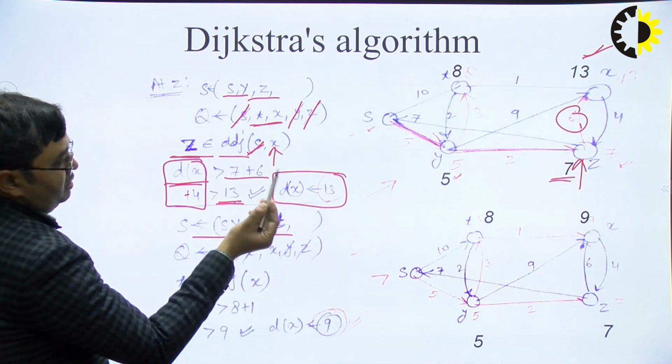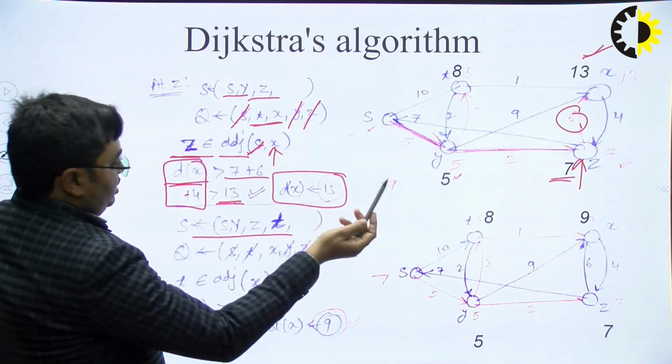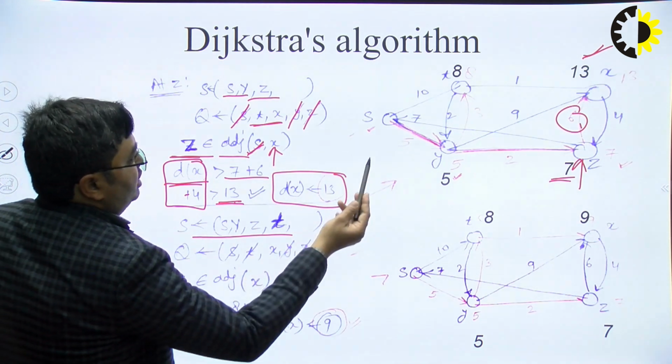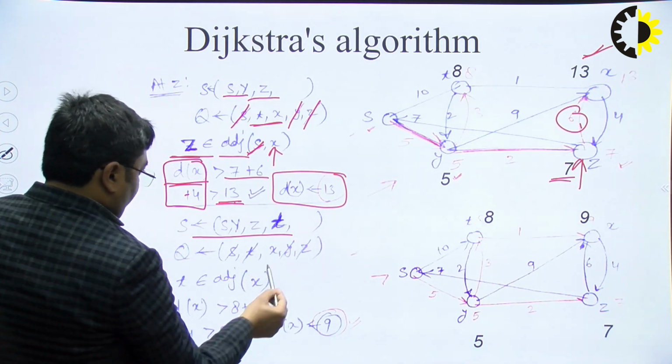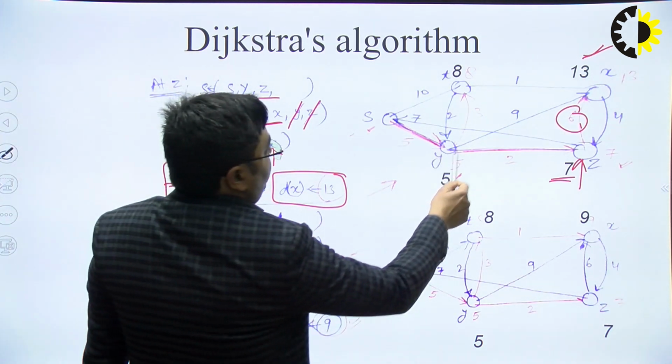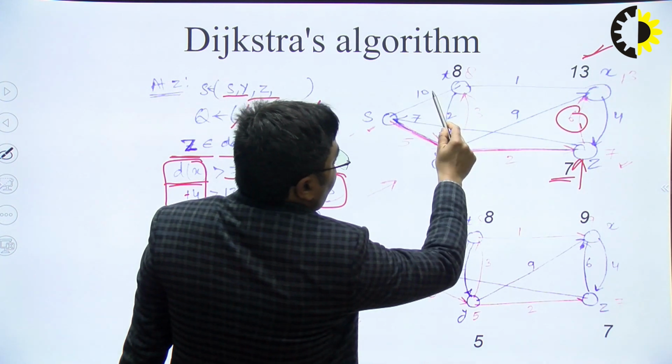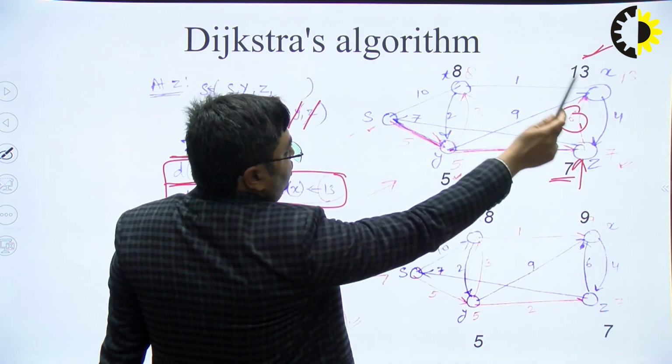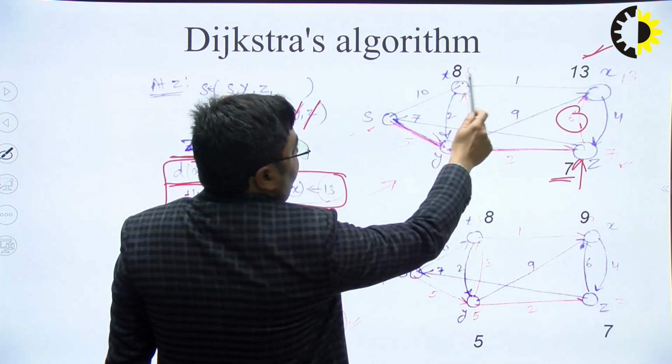After that, we have taken s, y, z and t. If we have taken t, then we can go from t to x also, which means 8 plus 1.